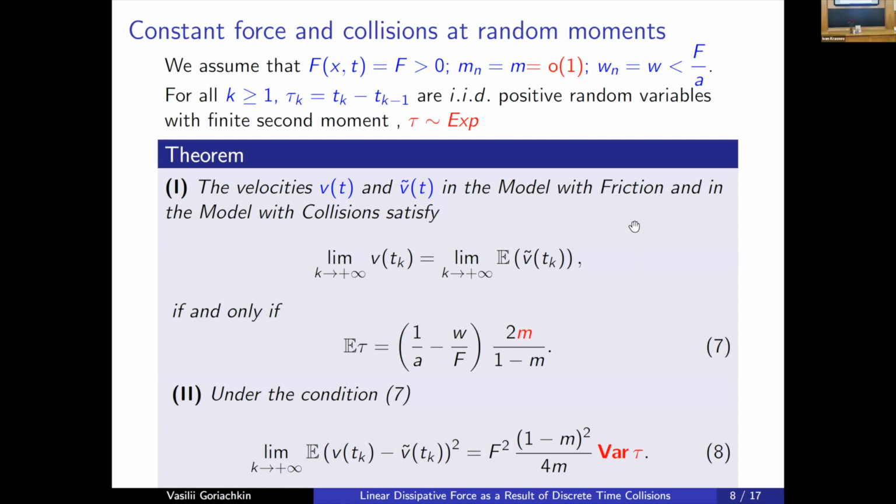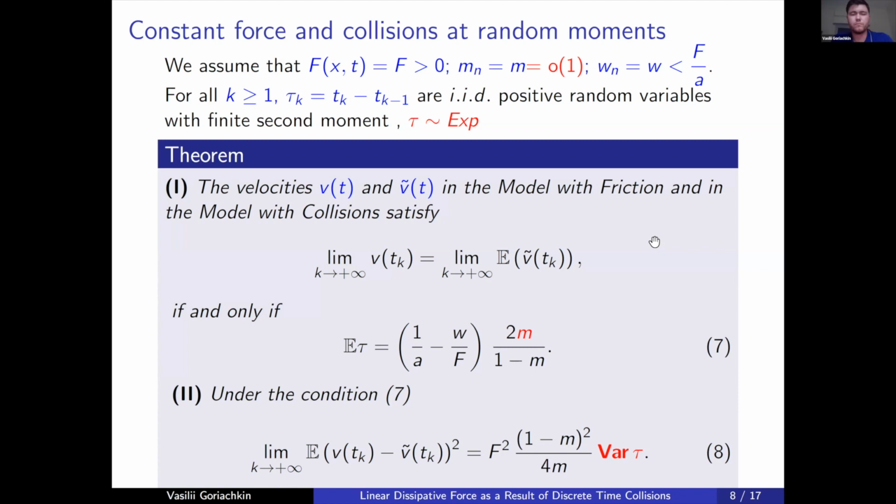Vasilii, I have a question. We have two models, with friction and with collision, yes? Is it correct that we take, for example, a model with collision, with some parameters, with masses, the time between collisions fixed or random, whatever.